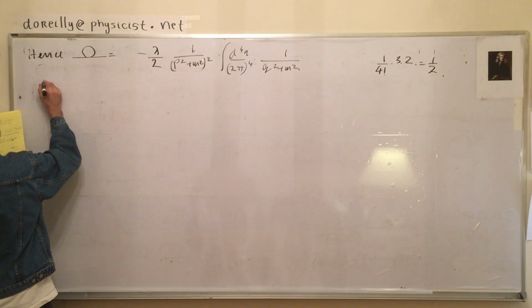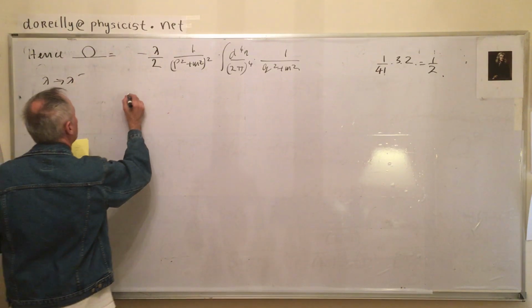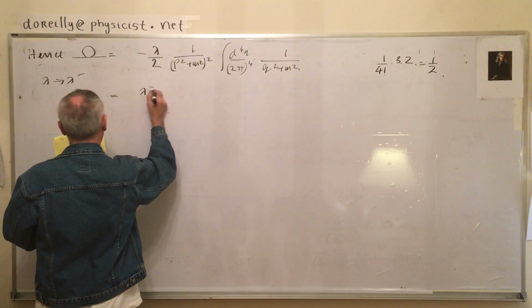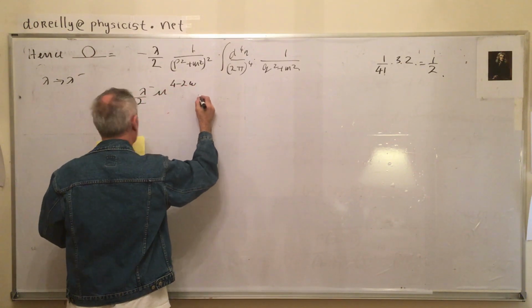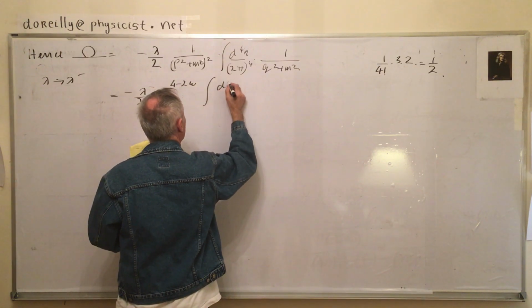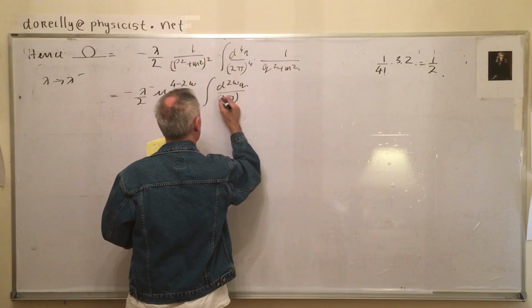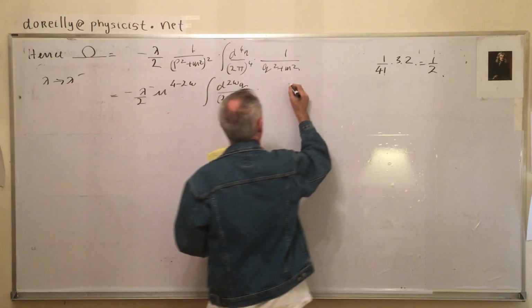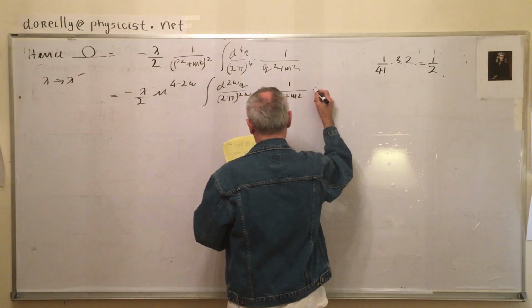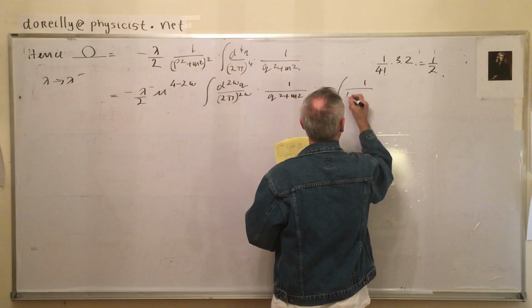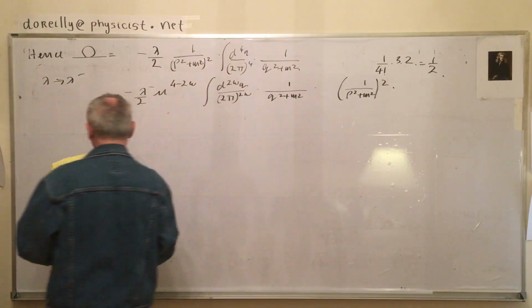Now when I rescale, change to lambda dash, and introduce dimensional regularization, I'm going to keep the external terms.